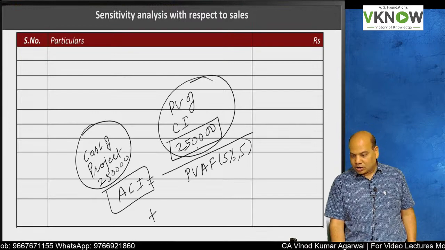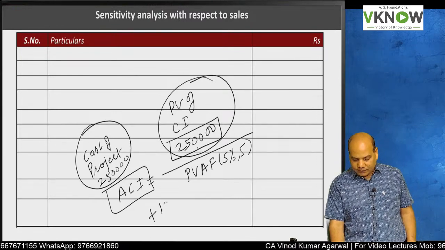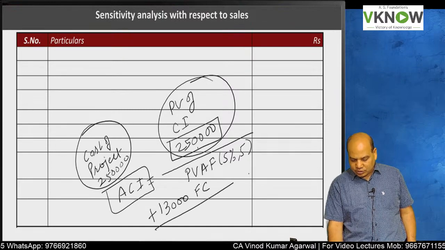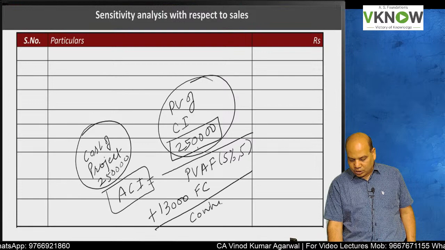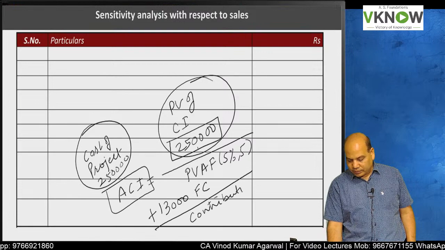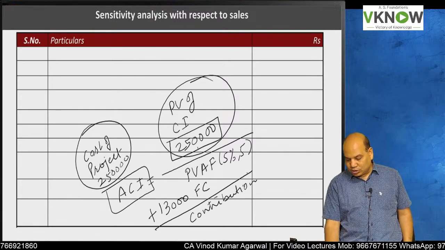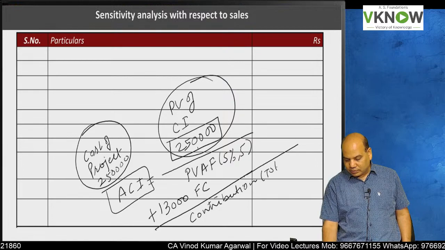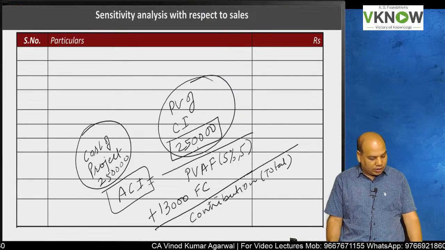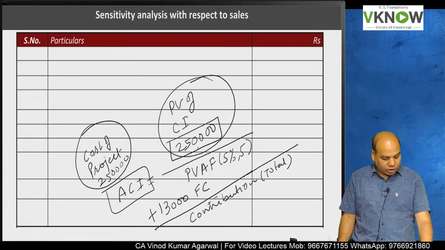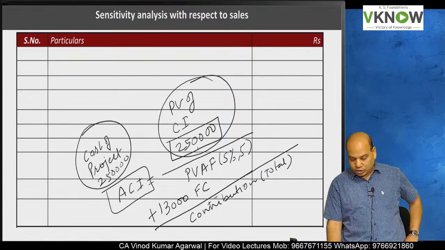To the annual cash inflow required, if I add 13,000, which is fixed cost, I will get total contribution required. We have seen in the earlier calculation, the contribution is 10 rupees per unit.